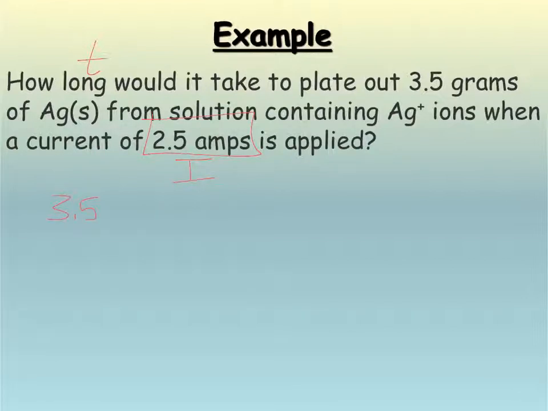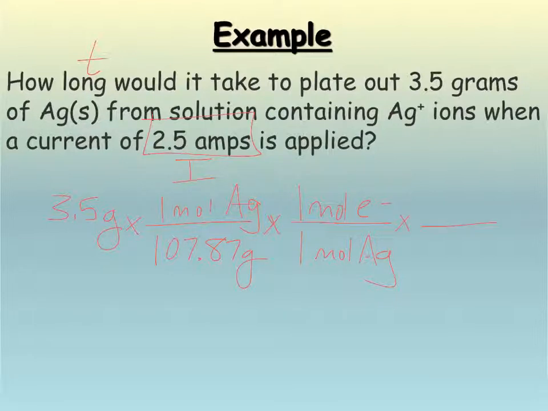So you can go from grams of silver to the charge. First I'm going to put my molar mass down here, for my silver. For every 1 mole of silver, I am getting 1 mole of electrons because I'm only gaining or losing 1 electron.